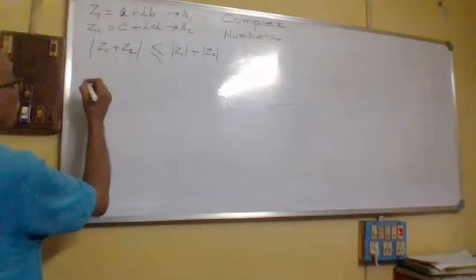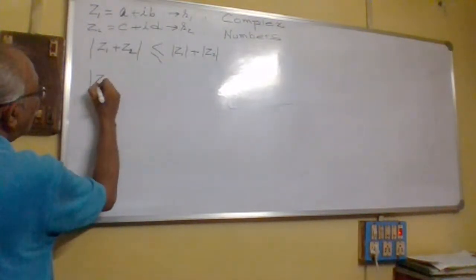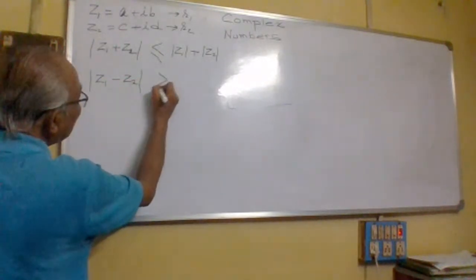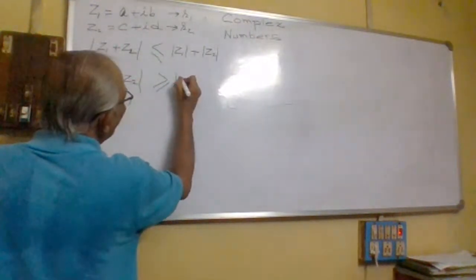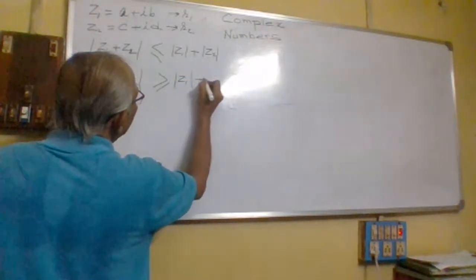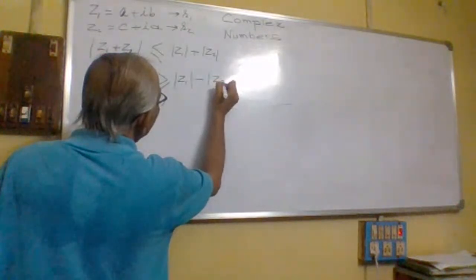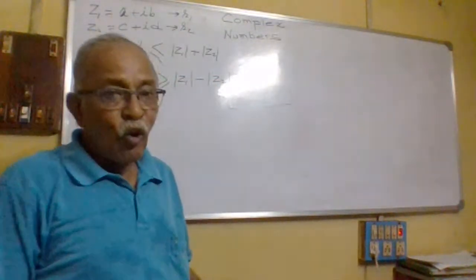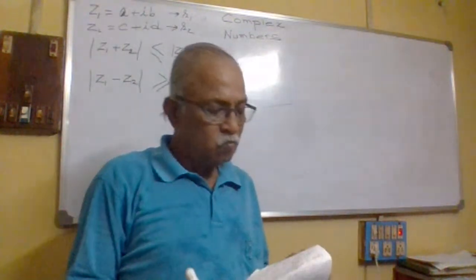Similarly, modulus of the difference will be greater than or equal to modulus of Z1 minus modulus of Z2. Remember these things, this will help you solve a lot of questions.